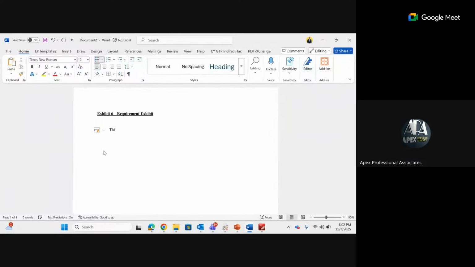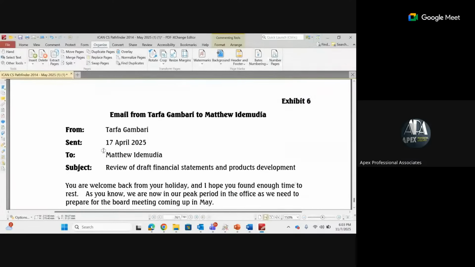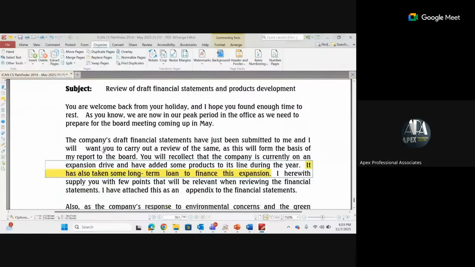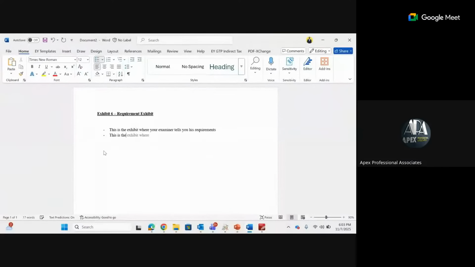This is the exhibit where the examiner tells you his requirements. Do you understand? That's number one. Number two, this is the exhibit telling you who you are addressing to.